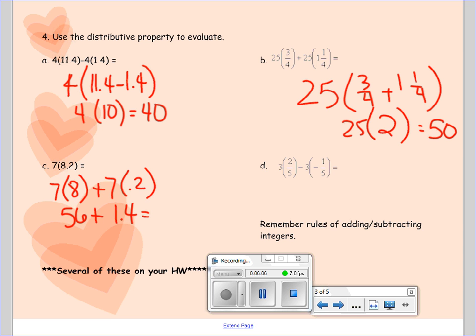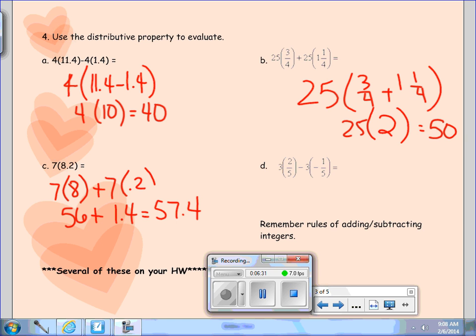Now we can do this in our head. Some of us can, some of us can't. So instead of having to do 7 times 8 2/10 in your head, you can break it up.